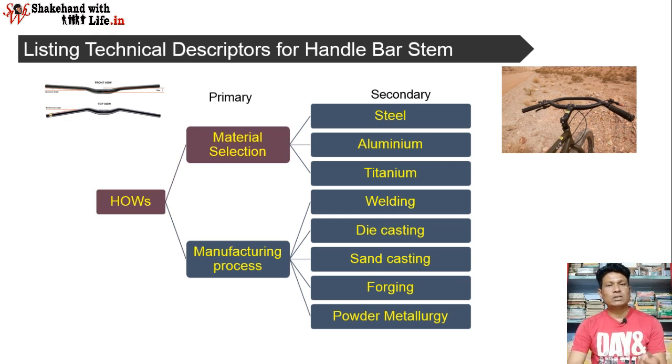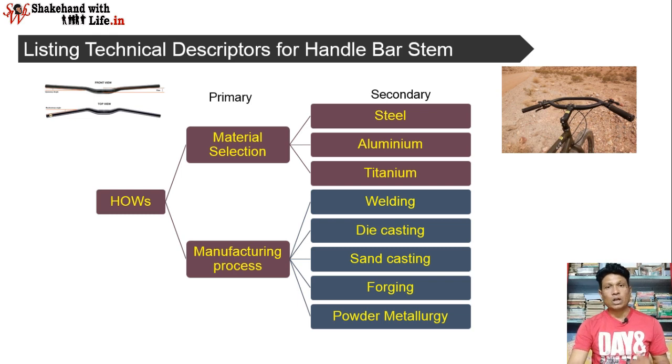And then secondly, the organization has to select a manufacturing process. These are the two primary requirements. Material selection includes at secondary level steel, aluminum, and titanium. So these are the three options, out of which we have to select one. Which one is best suited for the handlebar stem?